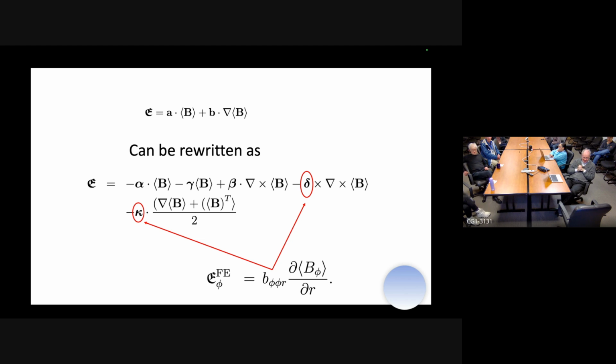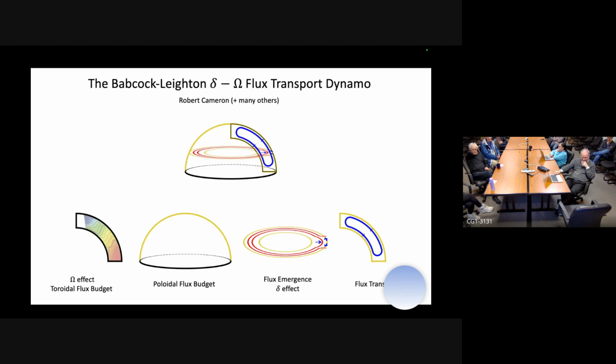The delta here corresponds to the off-diagonal terms of the diffusion tensor, but the kappa is just a catch-all for all the bits which are left and more difficult to give a physical meaning to, and therefore I end up with the observations indicate that the solar dynamo is a Babcock-Leighton delta omega flux transport problem.